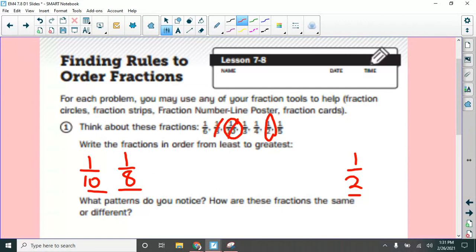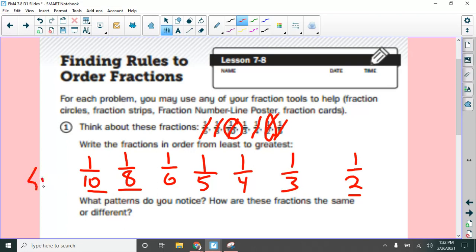Watch for the pattern. Let's see, 1/6 would be next. Then 1/5. Then 1/4. Then 1/3. Okay, so here's the smallest, and this is the biggest.